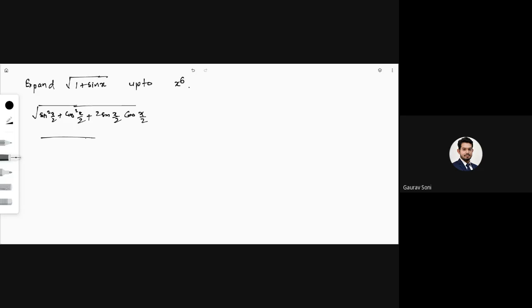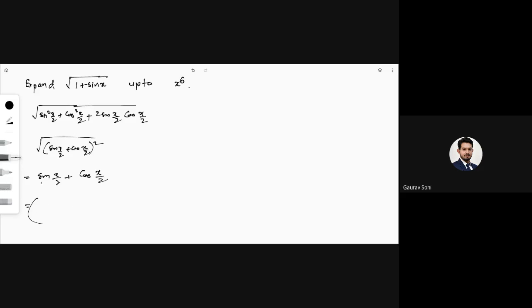So this will be under root sin x by 2 plus cos x by 2 whole square. So this is simply sin x by 2 plus cos x by 2.